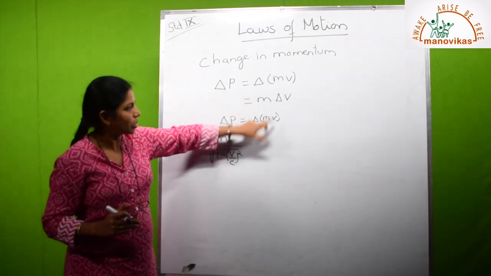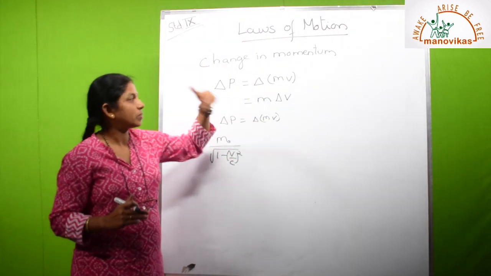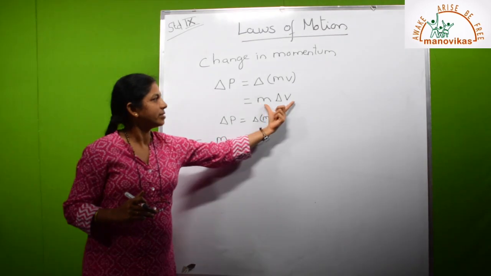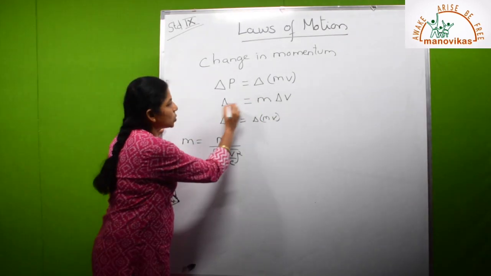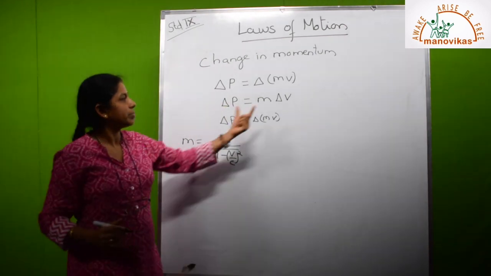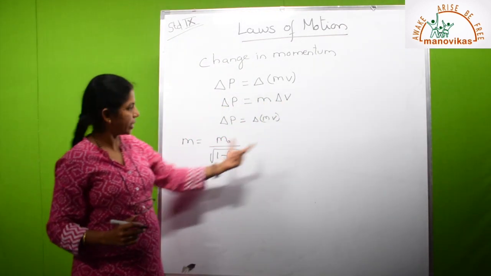So there are two cases possible. When only the velocity is changing, we consider the change in momentum delta p to be equal to m times delta v, alright?